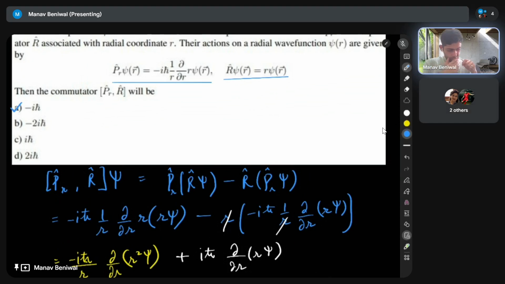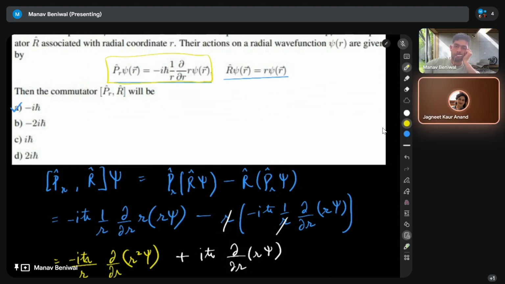One thing that I would like to mention explicitly: do you think that this is an eigenvalue equation? Psi R is the same on both sides, and when it is operated by capital P, we get minus iota h bar 1 by r del by del r.